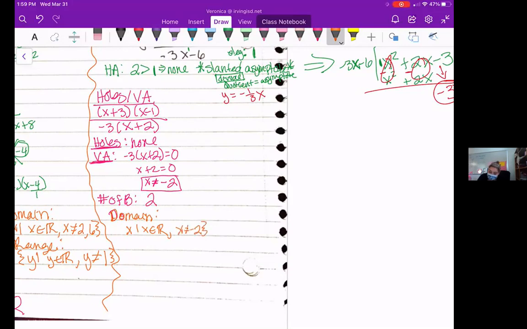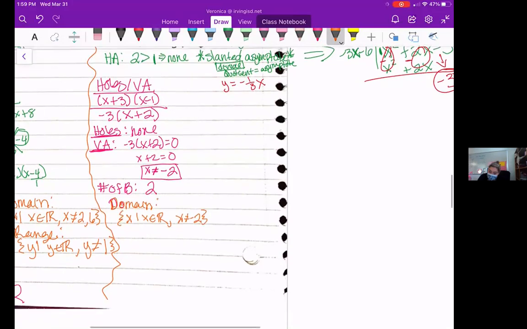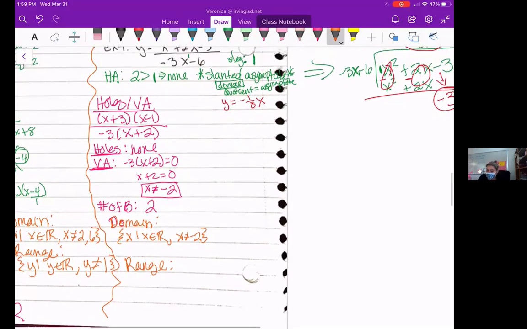So this is your domain. And then your range is going to be, well, we're going to have to go look at the graph of it, right? So the only thing that's questioned here is your horizontal asymptote. We don't have a horizontal asymptote. So more than likely, our range is going to be all real numbers. But we're going to go look at the graph so that we can visually see that, okay?